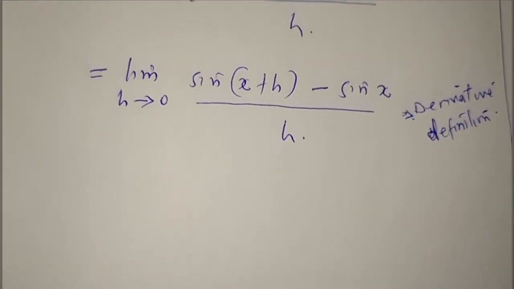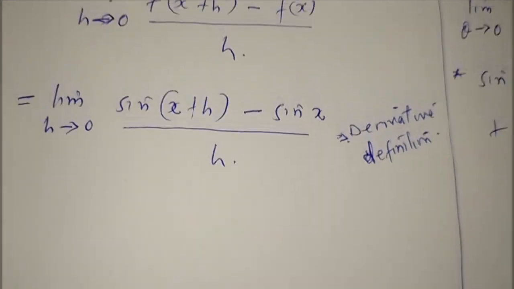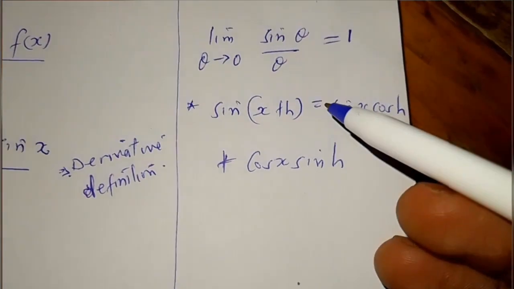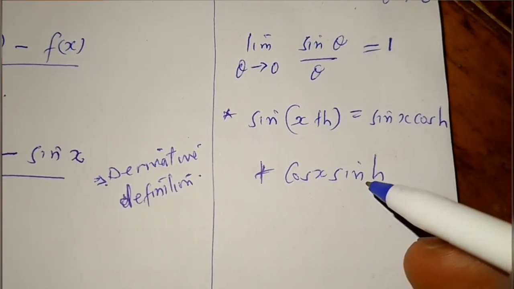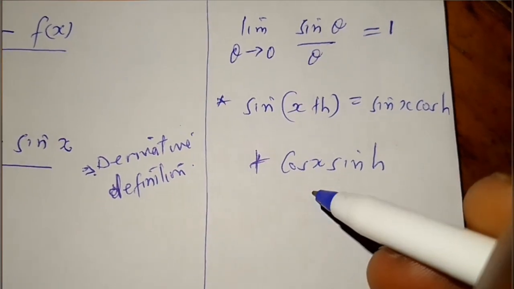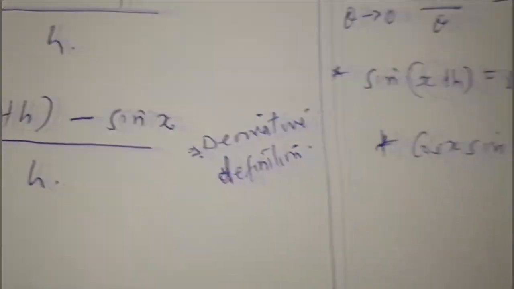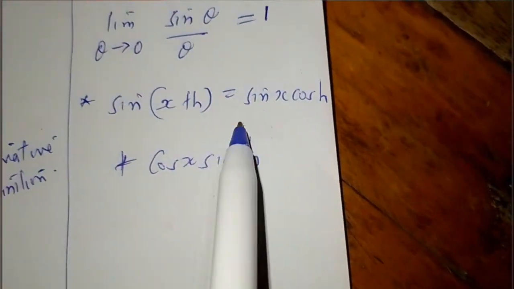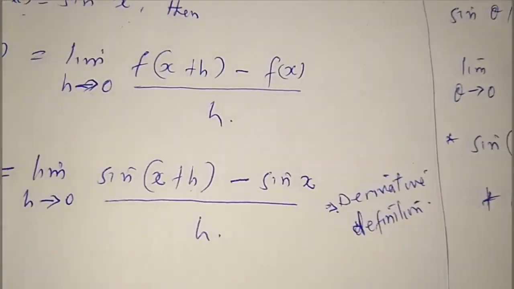So at that point, we can apply this angle sum identity for the sine function that says sine x plus h is equal to sine x cos h plus cos x sine h. So we just copy this one and put it here.